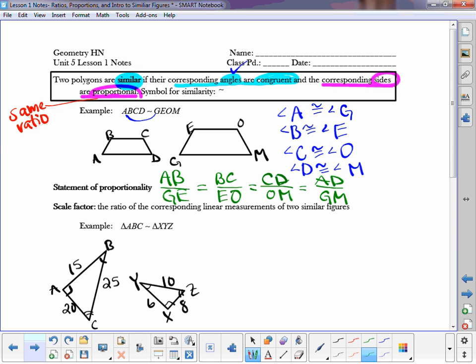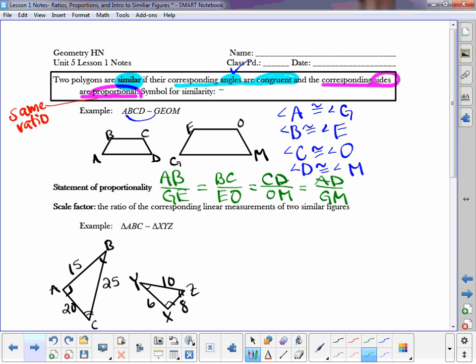Just like in congruent triangles, we had certain methods to prove the triangles were congruent, like side, angle, side, angle, side, angle. We're going to have certain ones that show triangles are similar. So you do have to first show that the triangles are similar, and then you can say something about those corresponding pieces.